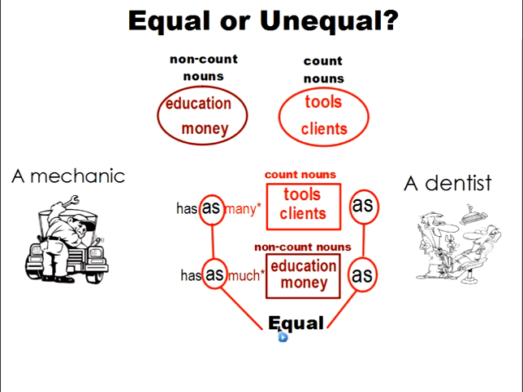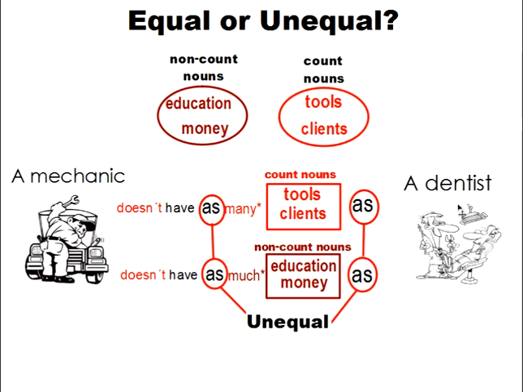Well, how do I say that they are unequal? Well, to do that, I have to change the verb has, and I want to make it negative. So the negative of has is doesn't have. So if I want to say they are not equal, I'd say a mechanic doesn't have as many tools or as many clients as a dentist. And that means that the dentist has more, right?